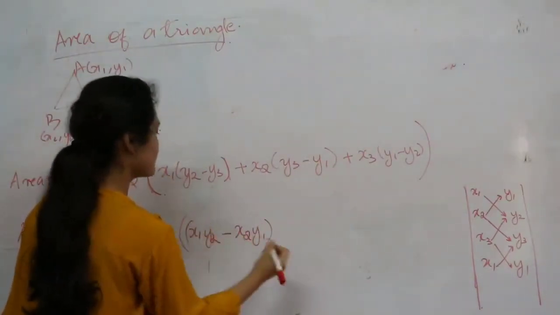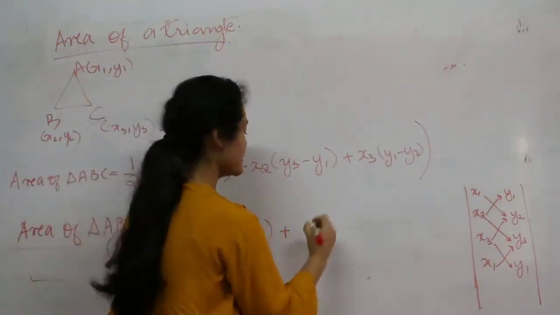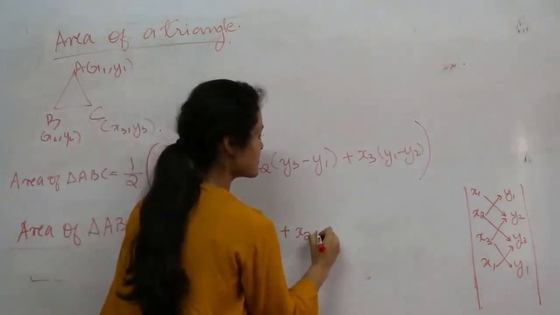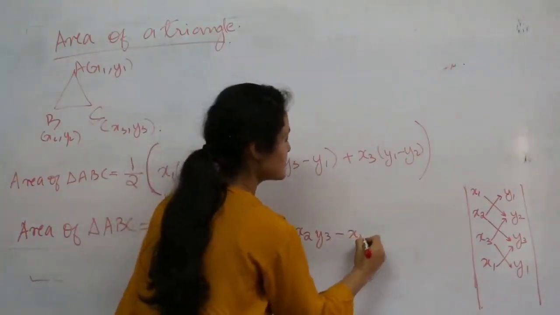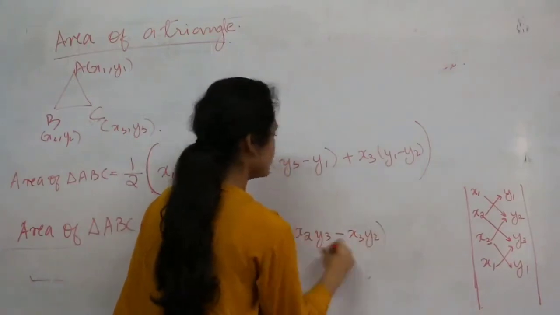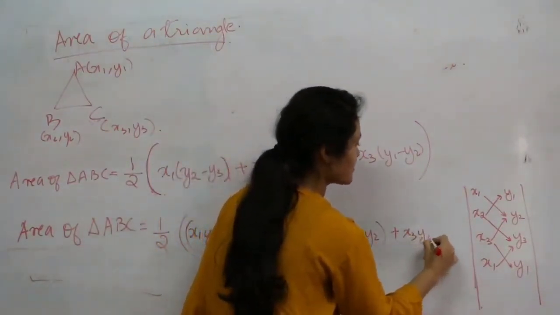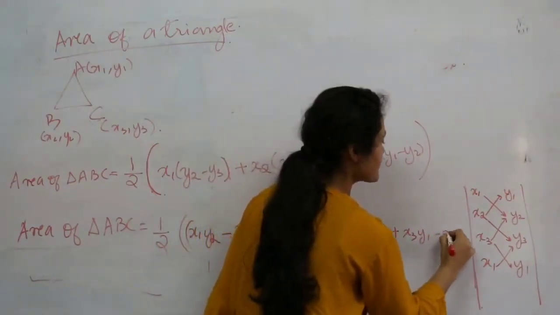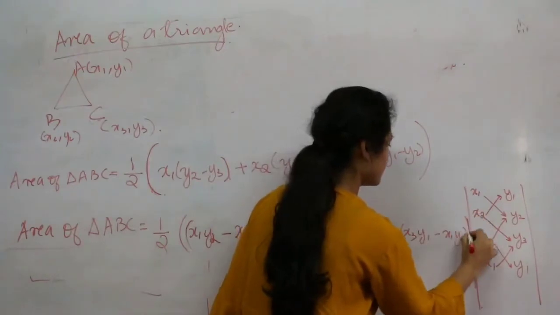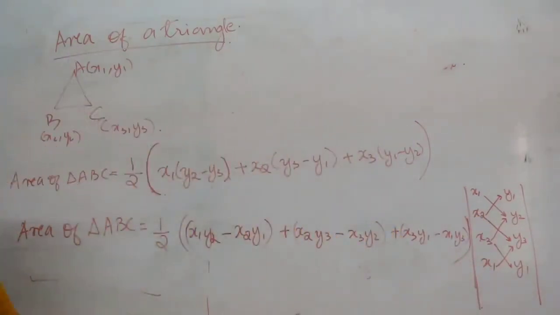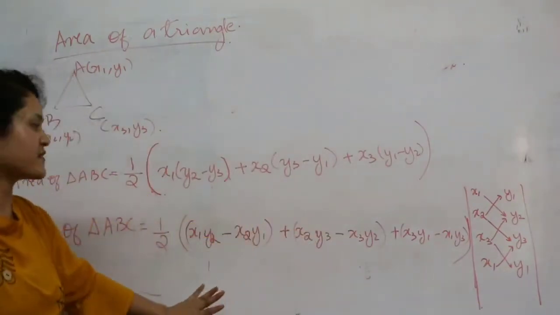Plus, again, x2 with y3, minus x3 with y2. Again, this one, x3 with y1 minus x1 with y3. I think it's better if you do this one because you just draw that one. You don't need to memorize the formula.